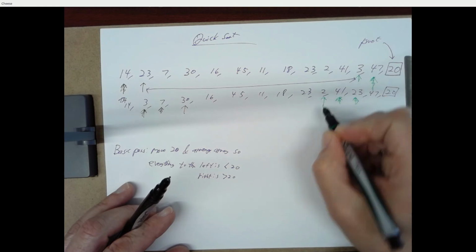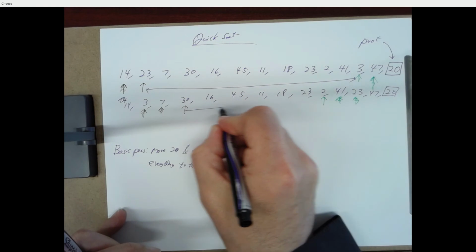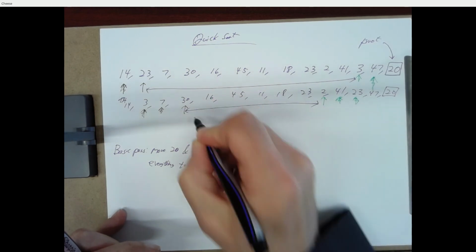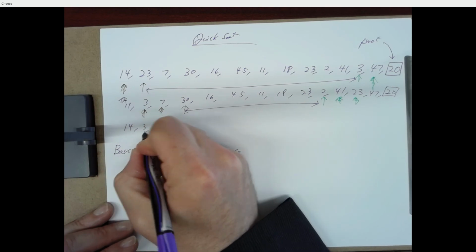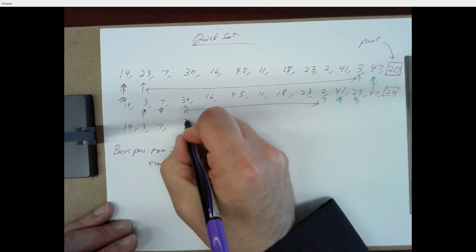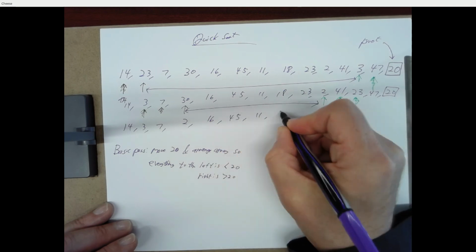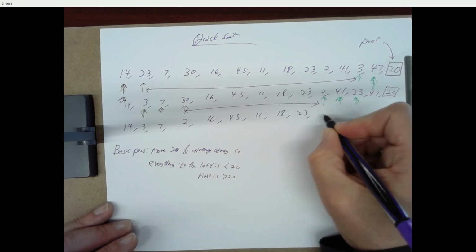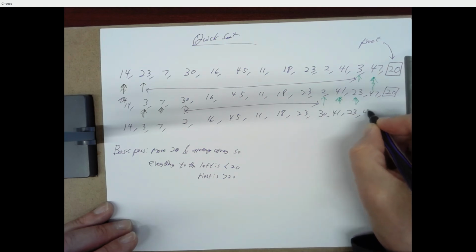That's fine. 2 is not bigger than 20. That's a problem. So now we're going to go ahead and we're going to swap these. And now our data is going to look like this. 14, 3, 7, 2, 16, 45, 11, 18, 23, 30, 41, 23, 47, and 20.